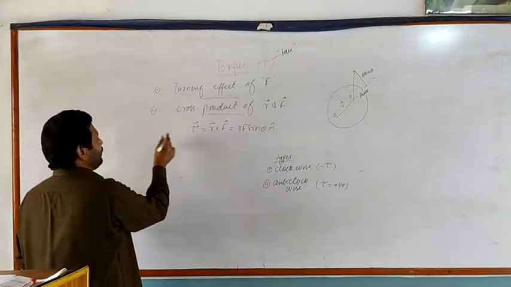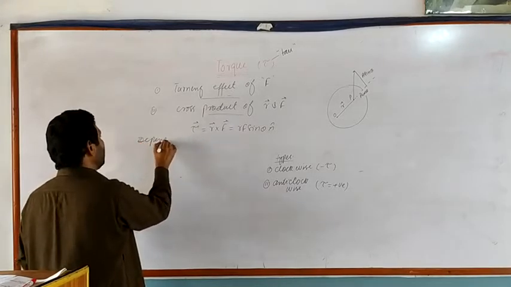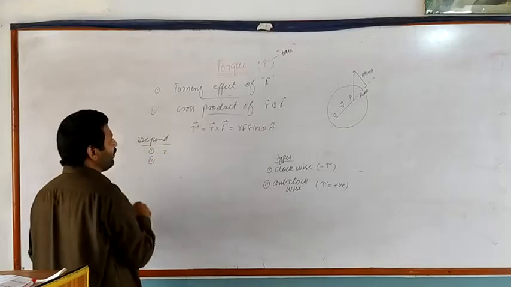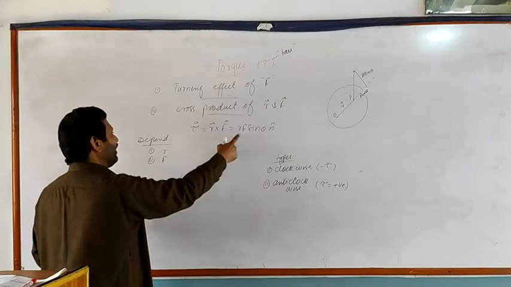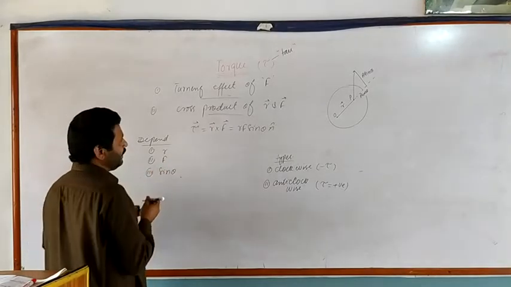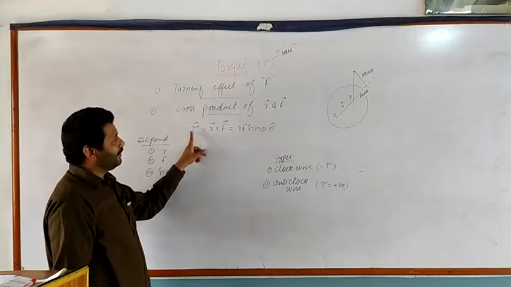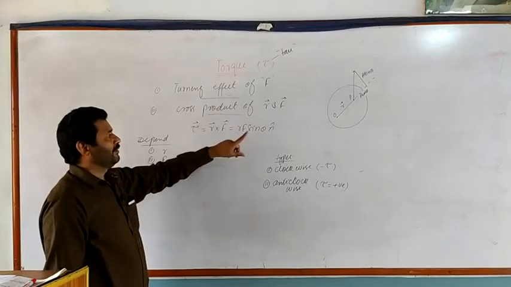From this equation we know that torque depends on three factors. Number one, it depends on the value of r. Number two, it depends on the value of f. It also depends on the value of sin theta. The greater the value of r, the greater the torque. The greater the value of f, the greater the torque.